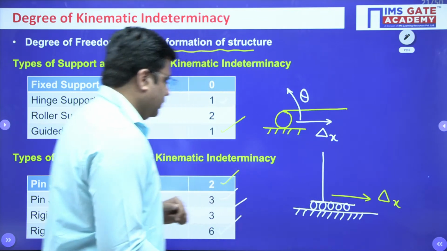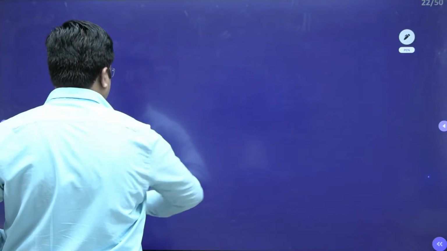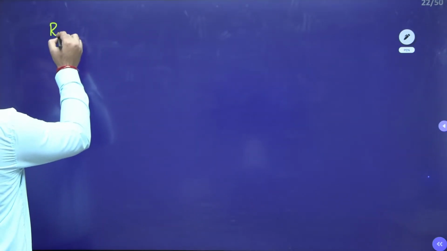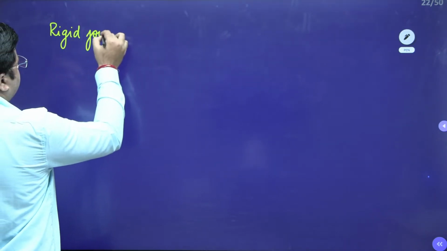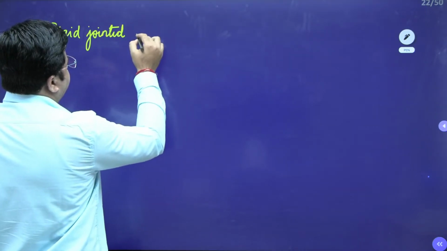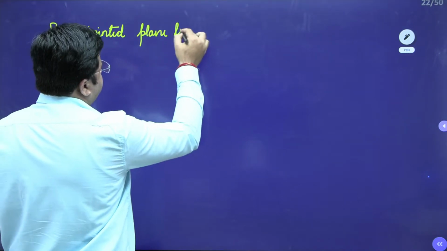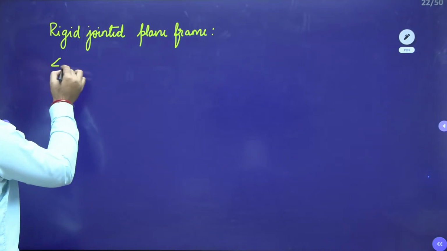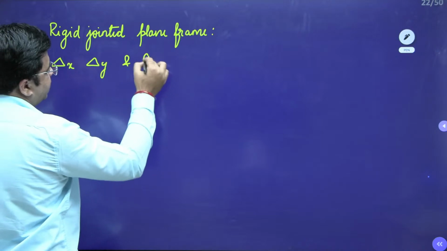I'll just write down all these things. So, for rigid jointed plane frame, the degree of freedom is due to delta x, delta y and theta xy, right?